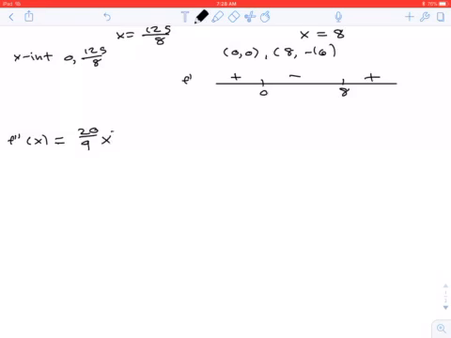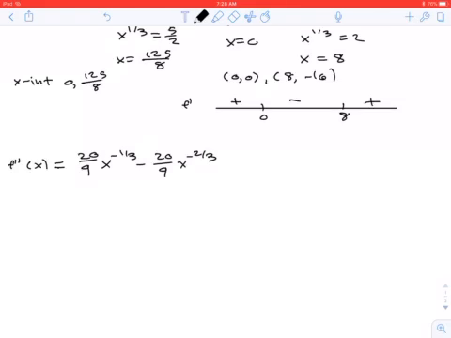Taking my second derivative, I get this. So let's see, set it equal to 0. Now in this case what I'm going to do is clean it up. I got a common denominator and things like that.